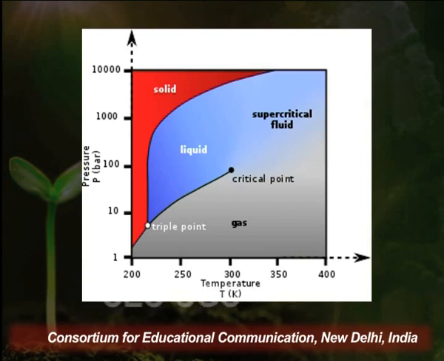Now I will again go back to the triple point. If we reduce the temperature and pressure below the triple point, then the carbon dioxide mainly occurs as solid and gas, and this is the condition when carbon dioxide occurs in the form of dry ice.